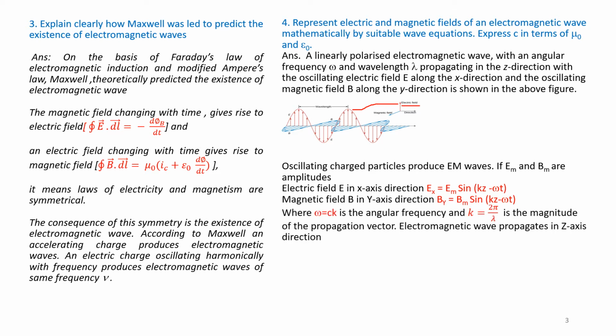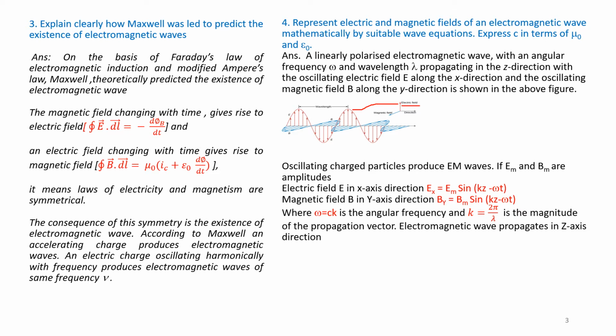where omega is equal to c into k is the angular frequency and c is the velocity of light in vacuum, and k is equal to 2 pi by lambda is the magnitude of the propagation vector. Electromagnetic waves propagate in the z-axis. You see this vector diagram.